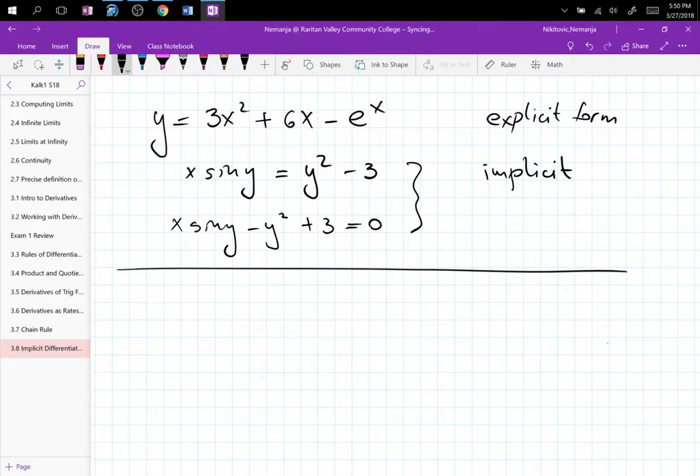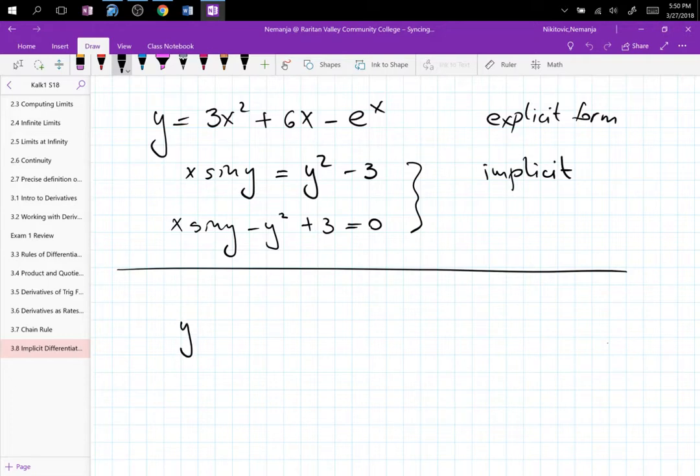Now, before we do any of that, I just want to make sure that we all understand that when taking the derivative, we take it term-wise. We know that from 3.2, or 3.3, whatever the rules were.